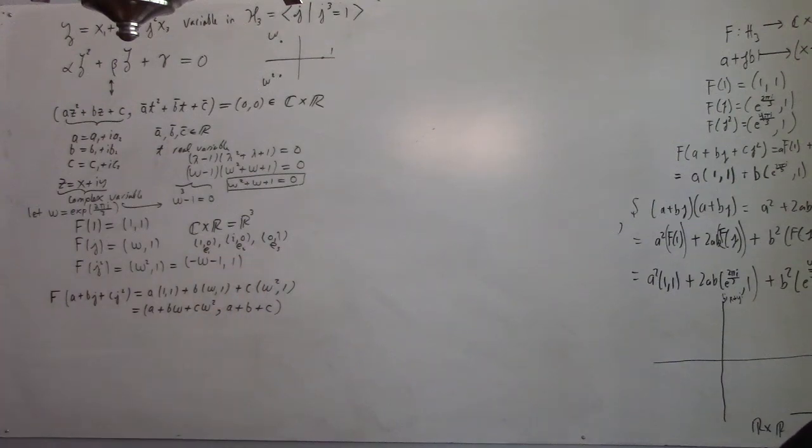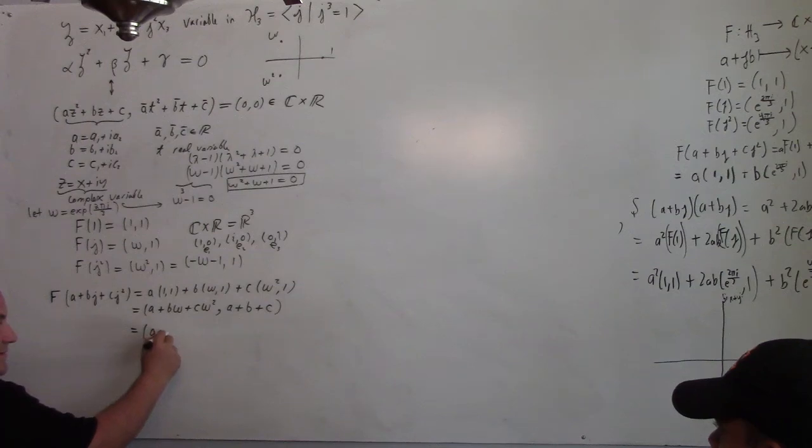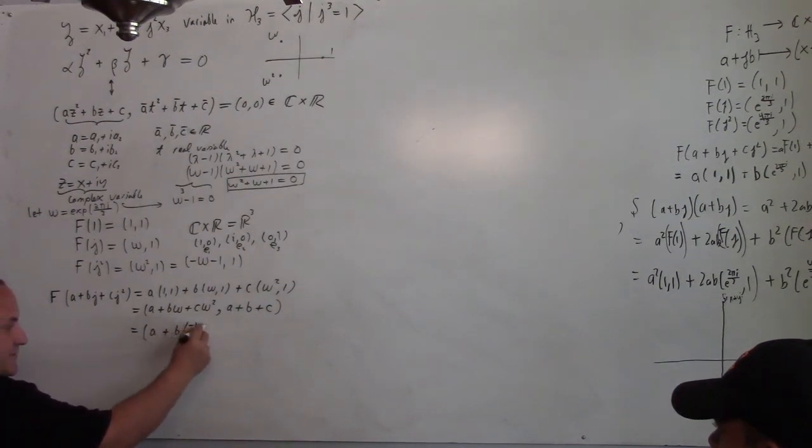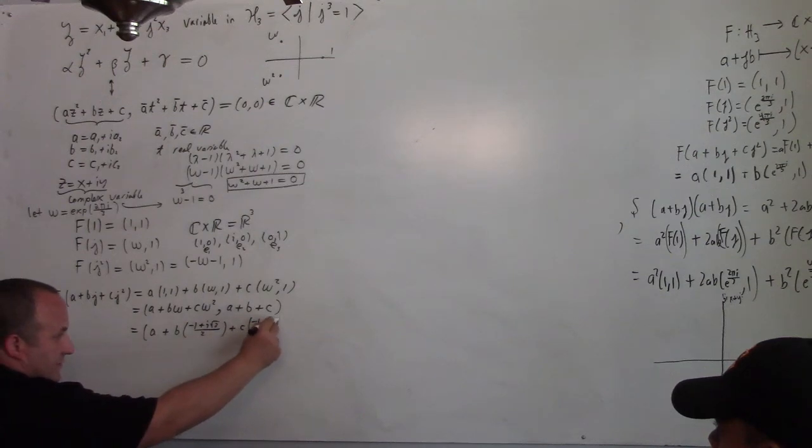With that understanding, I can't help but get complex here. This is a plus b times omega, and omega is minus 1 plus i root 3 over 2, plus c times minus 1 minus i root 3 over 2.